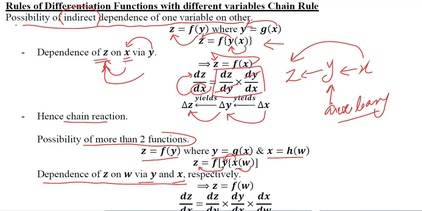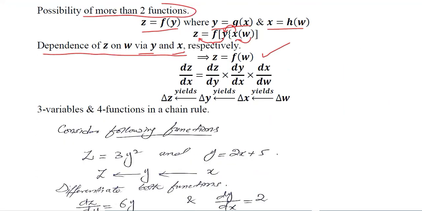Now we are going to develop the chain rule for this triad of functions in which there are four variables. So after scrolling a little bit, now we can see the complete result.